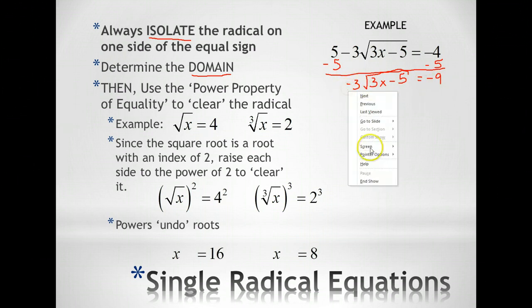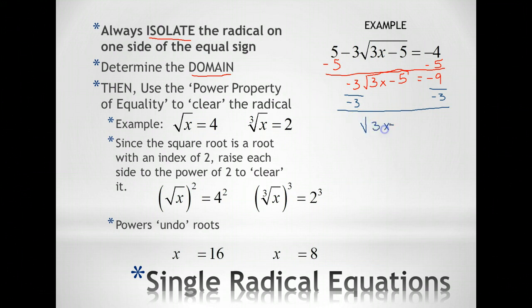So I'm going to change the color of my pen so it's clear that I'm doing another step. I divide both sides of my equation by negative 3. When I do that, I get the square root all by itself. I have now isolated my friend and I am more able to help them solve their problem.